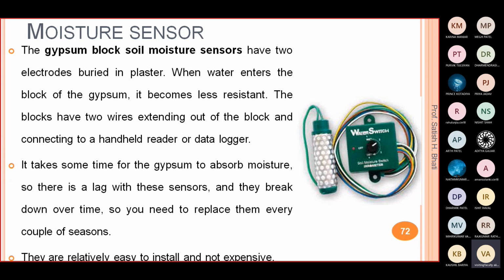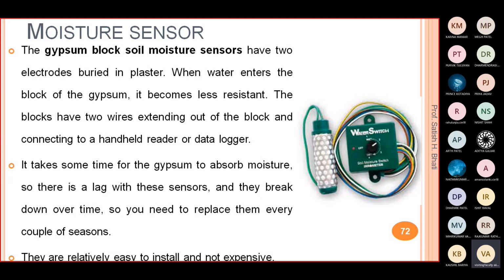Because of that, over time this block will break, so you need to replace them every couple of seasons. After some duration, you have to replace them. The lifetime depends on the manufacturer, as different manufacturers use different quality of material.